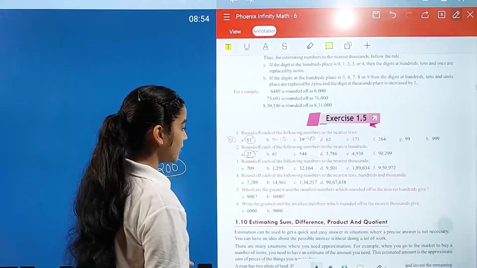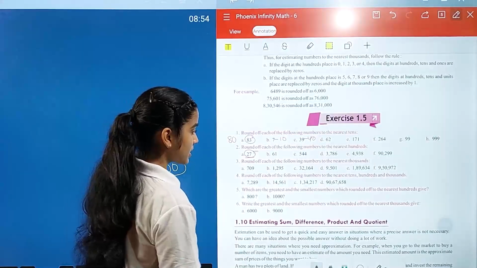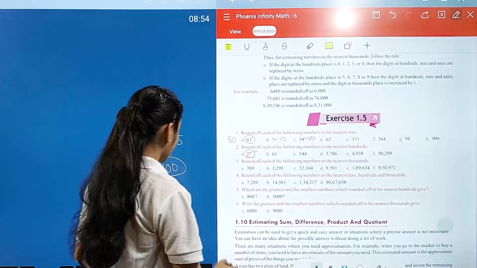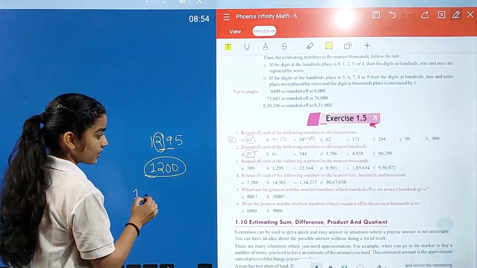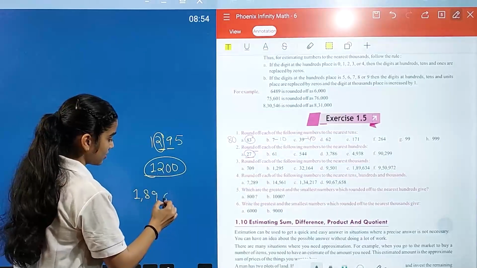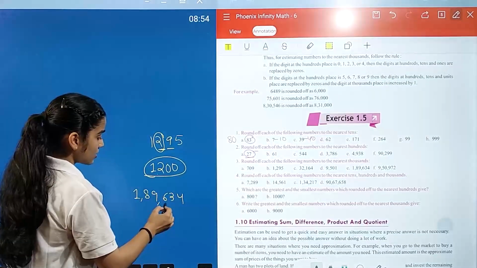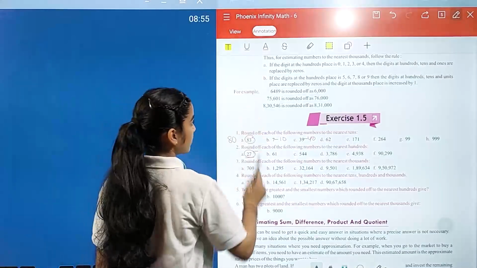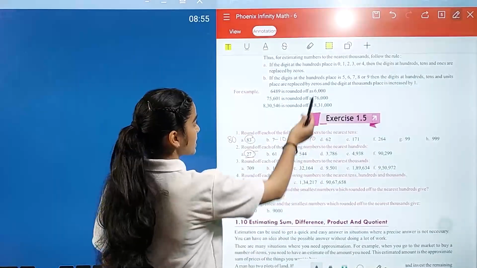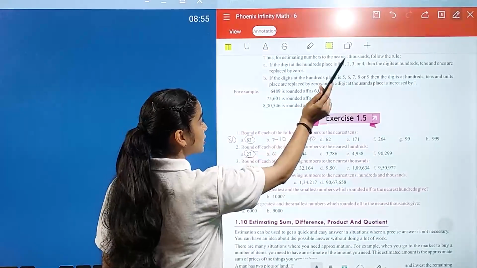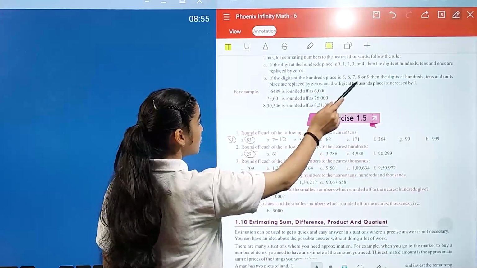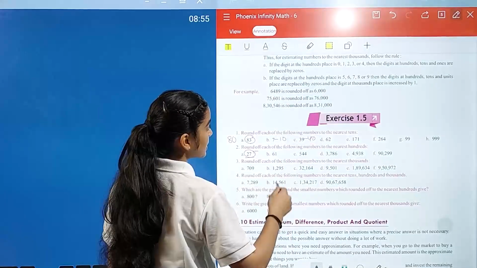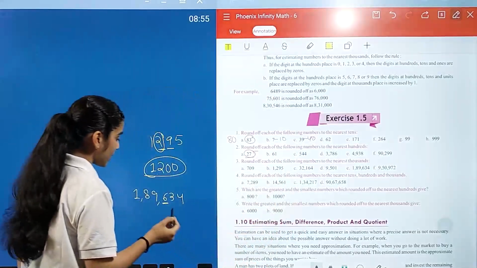Next question we have. Let's take this one. 1,89,634. So in this case, your hundred place has 6. So according to your second rule, if the digit at the hundred place is 5, 6, 7, 8 or 9, then the digits at hundreds, tens and units place are replaced by zeros and the digit at thousand place is increased by 1.